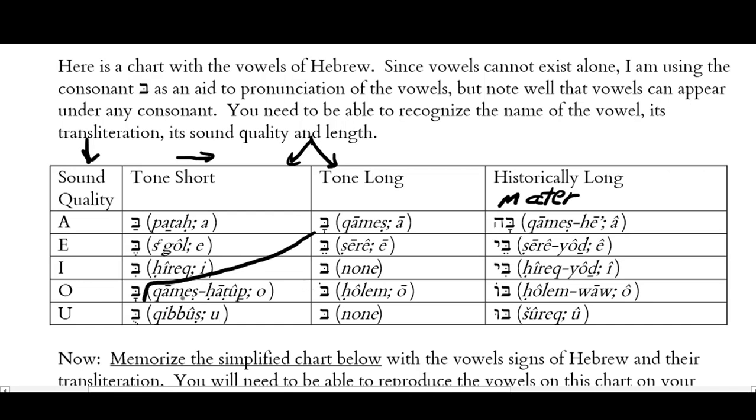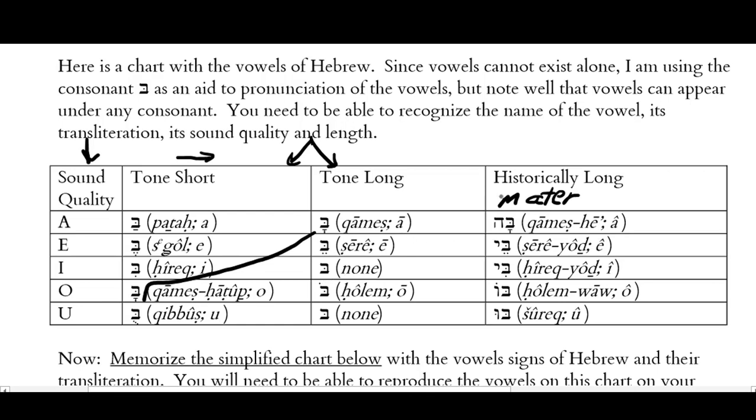And again, you might be saying, well, it sounds like this short O over here. True enough. But again, we will pronounce this with less muscular stress. Hold it shorter. Bo. Long, bo.